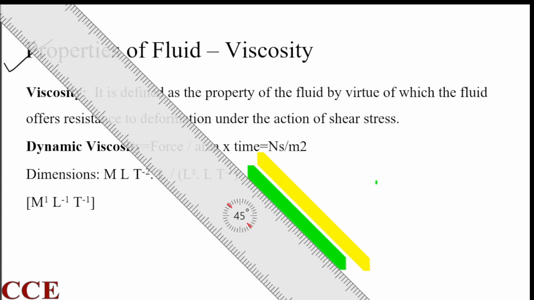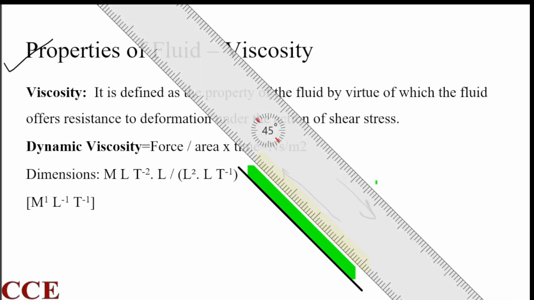So these are the layers of the fluid. Suppose this is the surface and the fluid is flowing in this direction. So what will happen? Each layer will offer resistance to the other layer. This resistance is nothing but the property which is called viscosity.